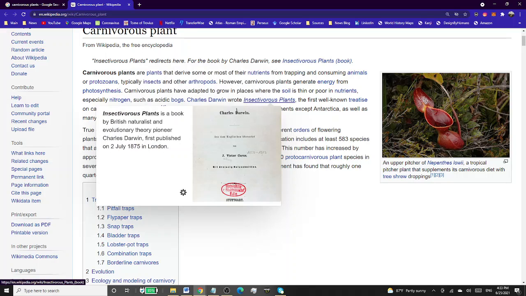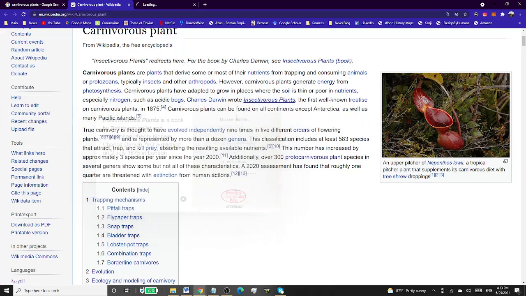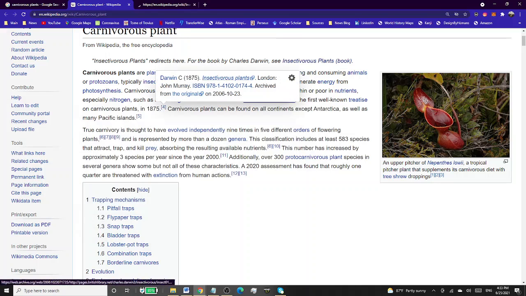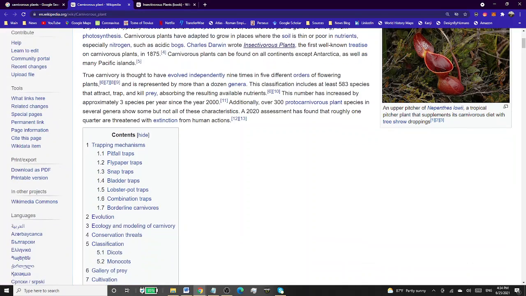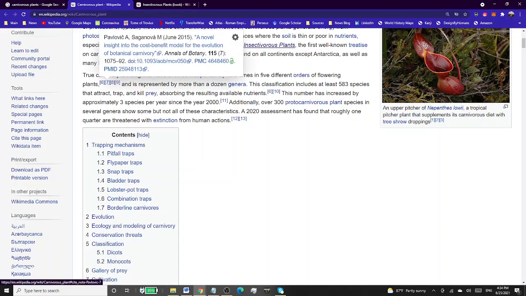So Charles Darwin called them insectivorous plants, which is a great name for a band, insectivorous. I thought involved. Oh wow, they thought it evolved independently 9 different times in 5 orders of flowering plants.